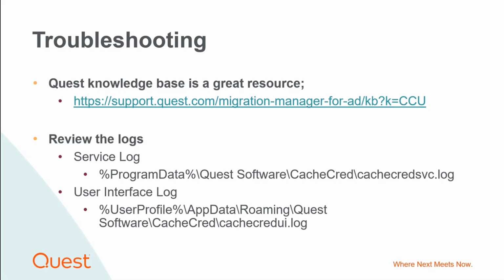So the service log is located in ProgramData, Quest Software, Cache Credentials, service.log, and the user interface log is under the user's profile under AppData, Roaming, Quest Software, Cache Credential UI. So those two files will provide some insight as to what is going on with the utility. You do also have the option to increase the logging by changing the log level within the file, and we can discuss that as well.